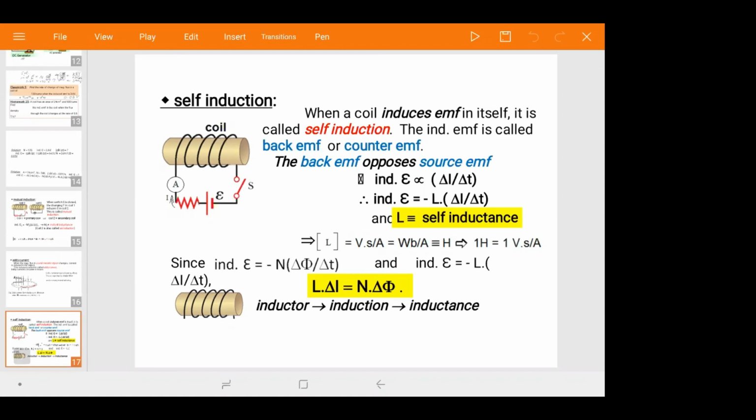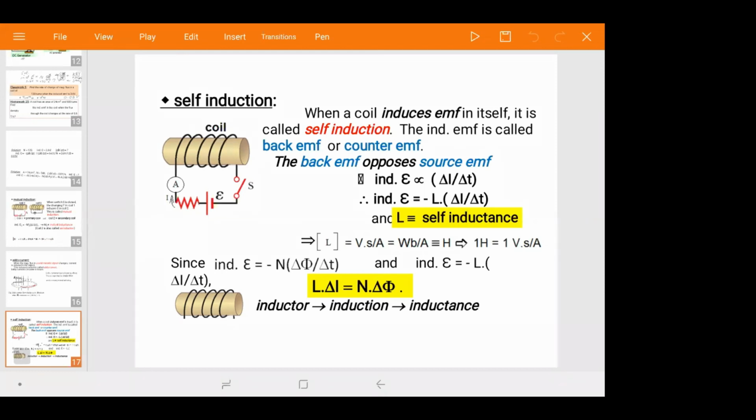What is it? The induced EMF in the coil is directly proportional to the rate of change of current. If you simply turn on the switch and stop, the induced EMF will disappear. If you open the switch again, then there will be an induced EMF which wants to stop the going away of the current.